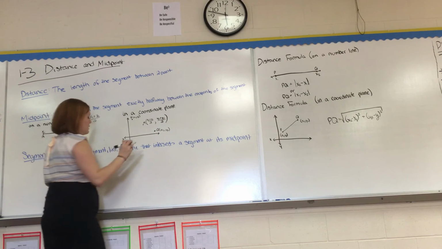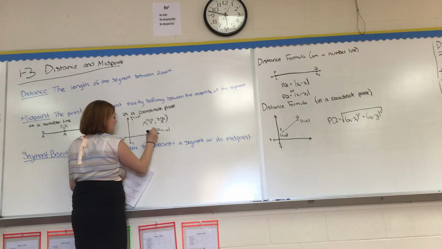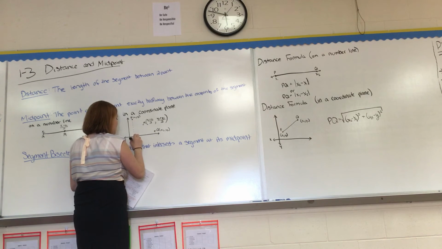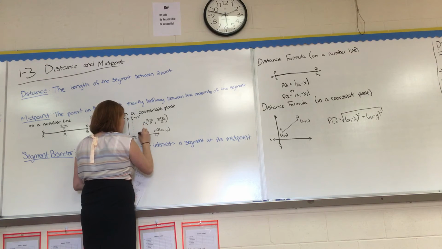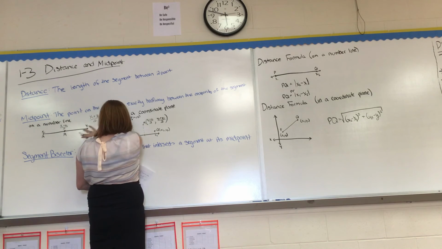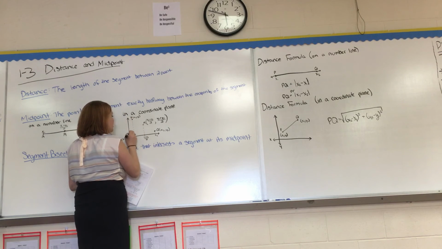Does that make sense? You guys can imagine these lines coming down. This is x1, this is x2. To get to here, we use our midpoint formula from the number line, x1 plus x2 over 2. Same deal with the verticals.